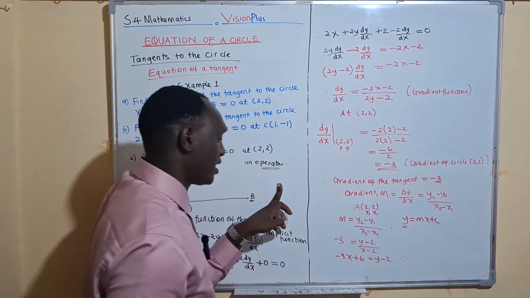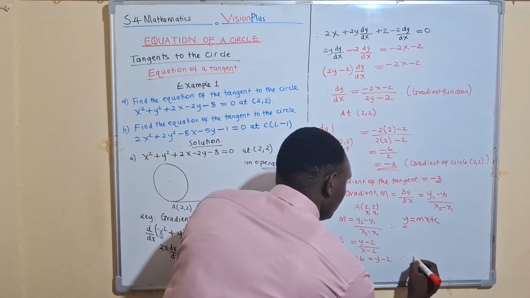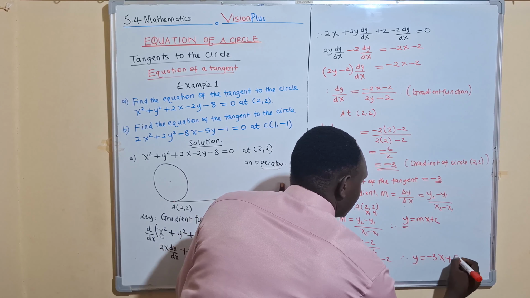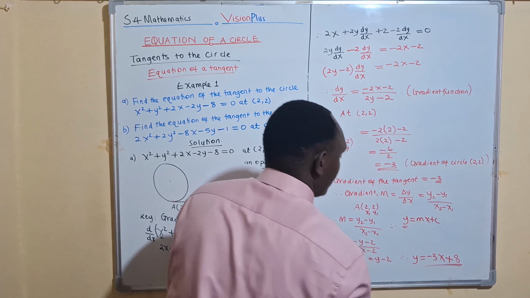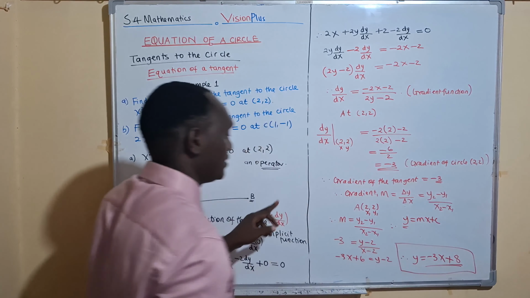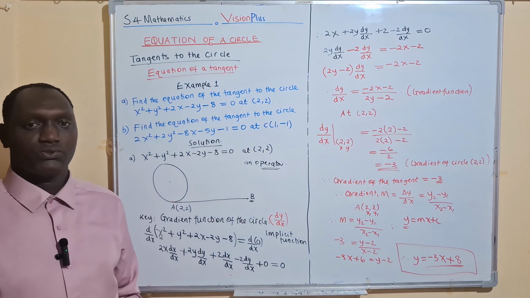Therefore, when I make y the subject of the formula, I will have y equals negative 3x plus 8. So this is the equation of the tangent to the circle at the point of tangency (2, 2).